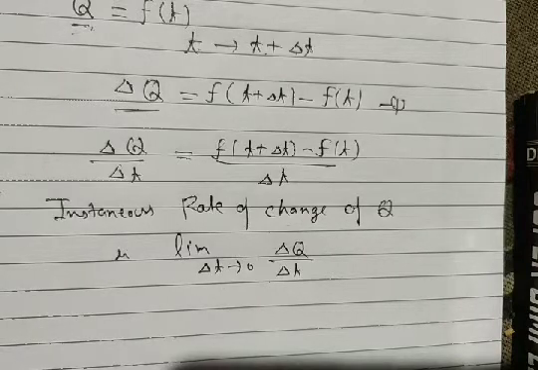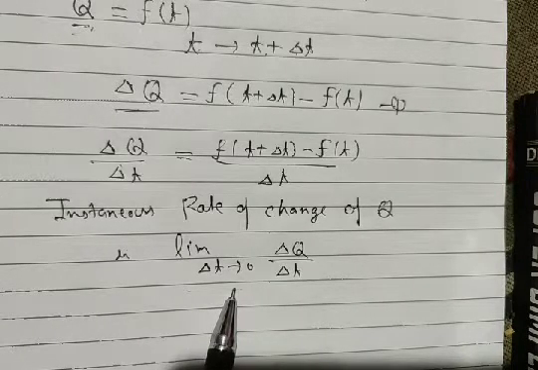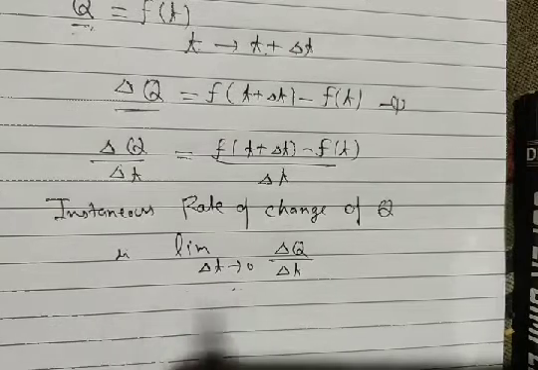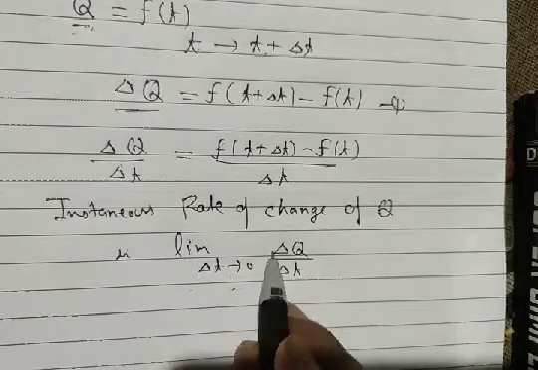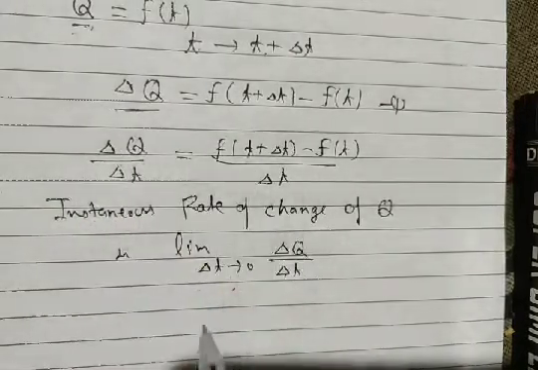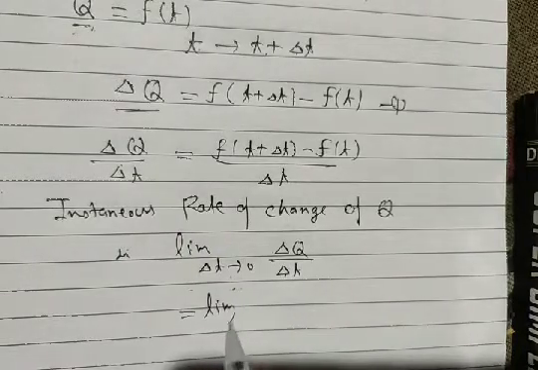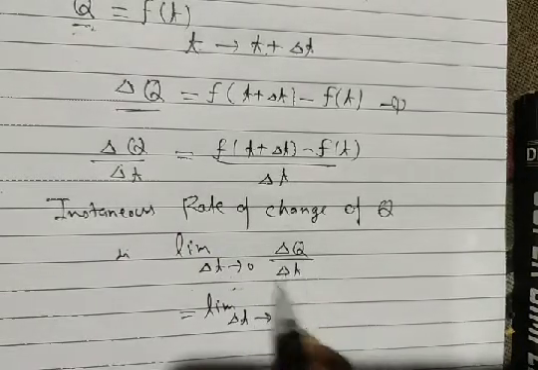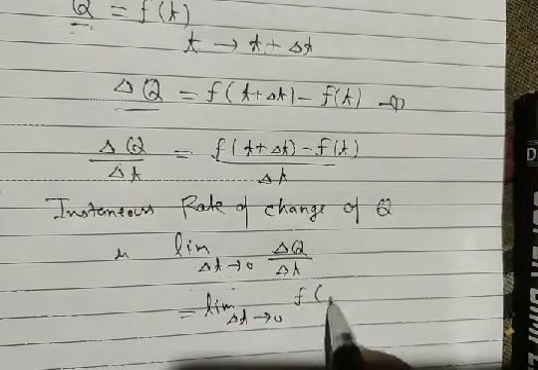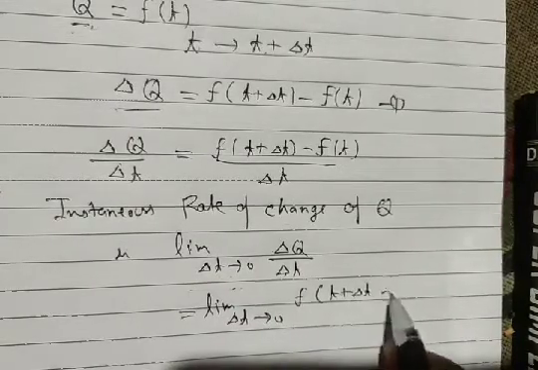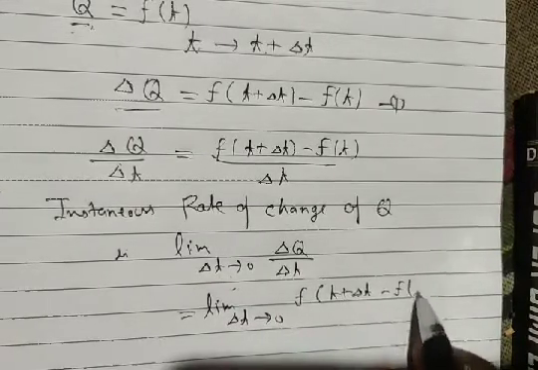So the instantaneous rate of change of q is the limit as delta t tends to 0 of delta q over delta t. This is the instantaneous rate of change of q per unit of time, the limit of the average rate as delta t tends to 0. This limit is equal to the limit as delta t tends to 0 of f of t plus delta t minus f of t, over delta t.